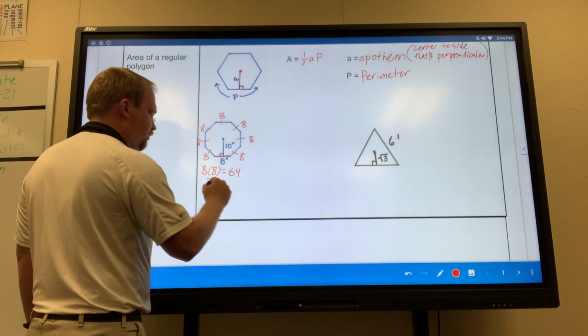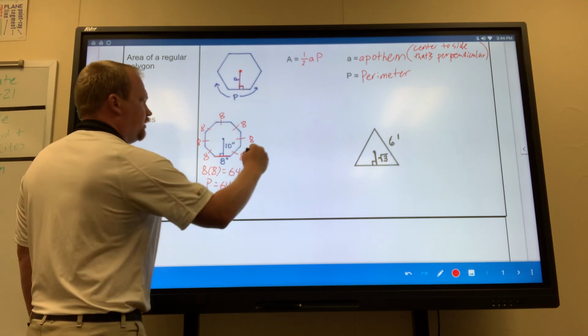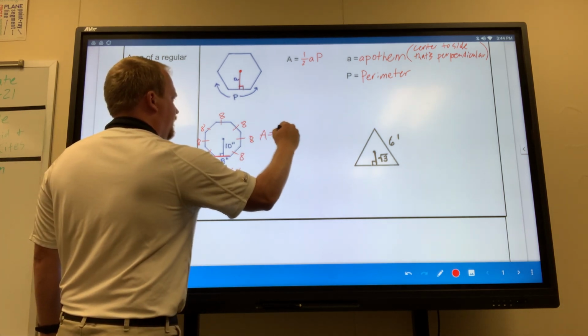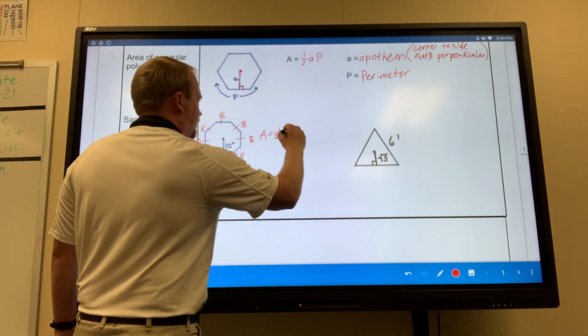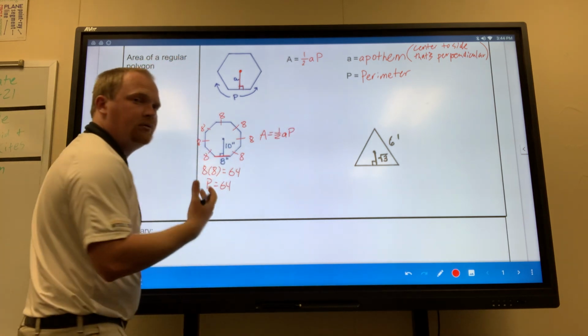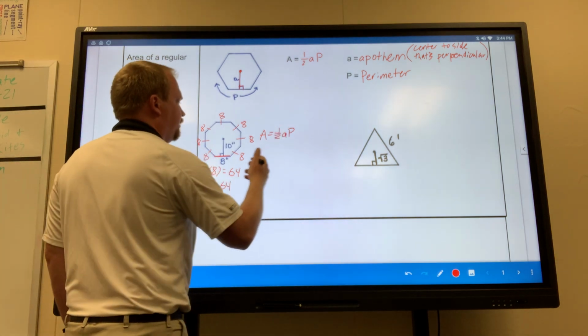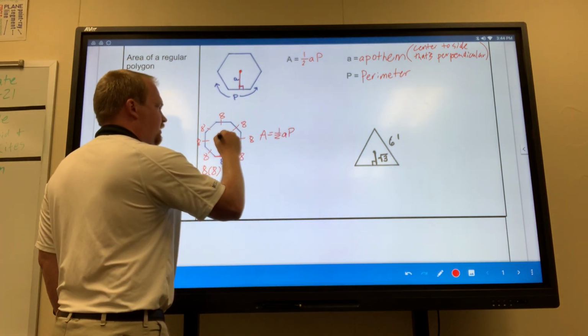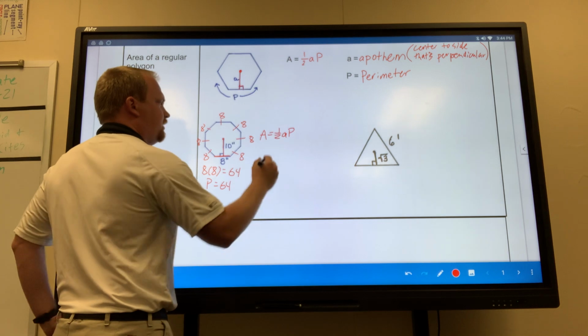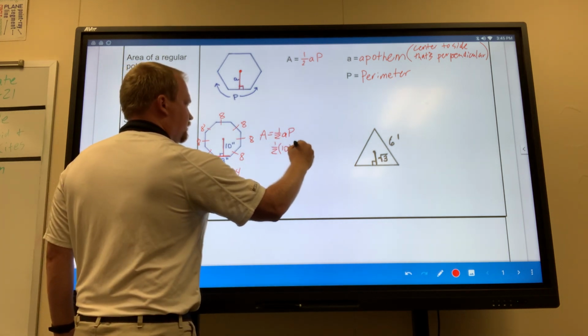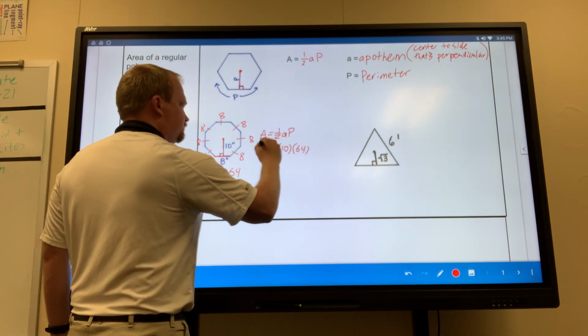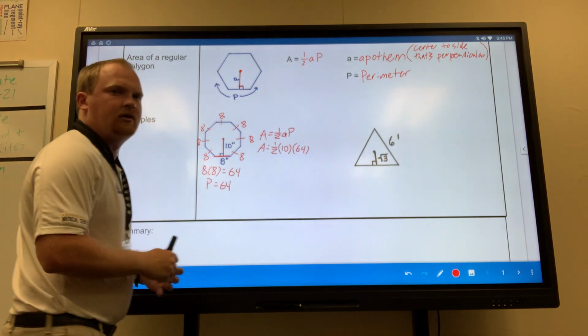Now, that's my perimeter, though. In order to find area, it's 1/2 times the apothem times the perimeter. Now, we know the apothem is 10 because from here down, it's a length of 10, times 64. All right.